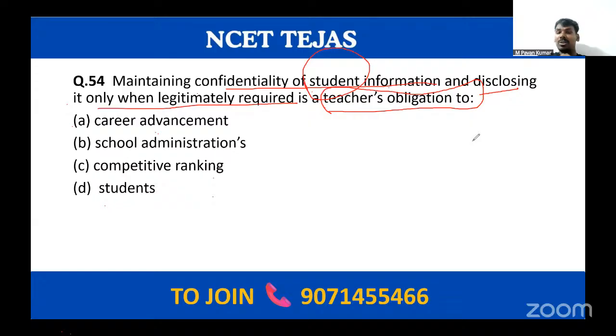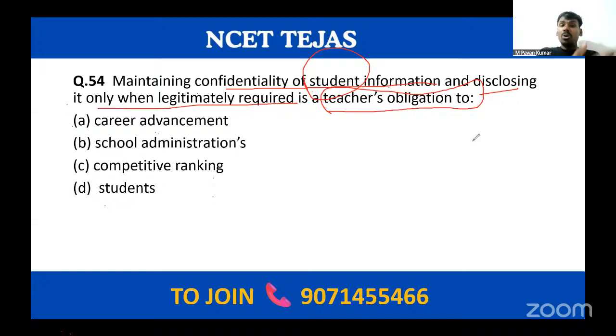maintaining students' confidentiality. Confidentiality means the teacher will have a lot of student information, right? As a teacher, you'll be dealing with students every day. You will have students' performance. You will observe students' behavior. If you're maintaining a portfolio, you also know about their gains and the processes they're undergoing. So this is all very sensitive information. You cannot just give this information to anyone or put it on the internet.